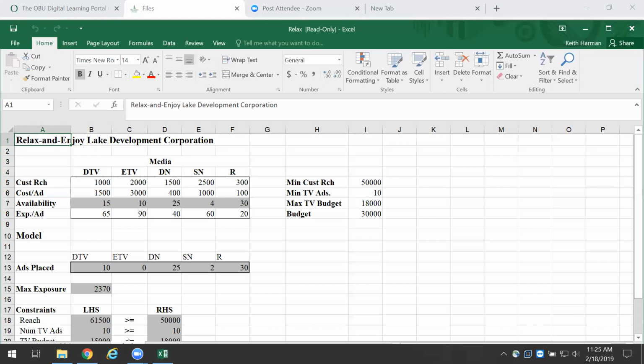If you look up at the top here, this first matrix starting in A3 under the media, they've got five different types of buys, how much it will cost them, and the kind of reach that they'll get. There's eyeballs or contacts, people, the cost per ad, the availability, what's available to buy, and then some kind of exposure of the ad.